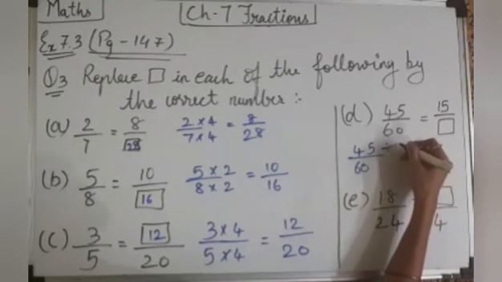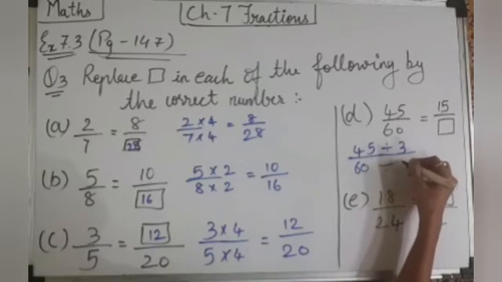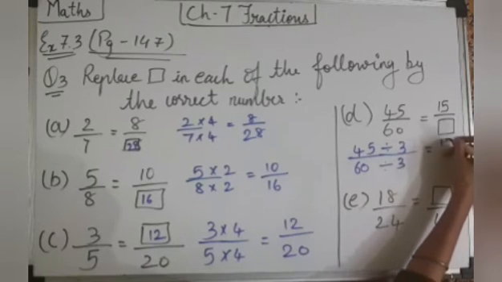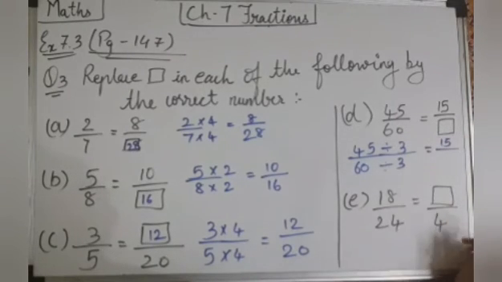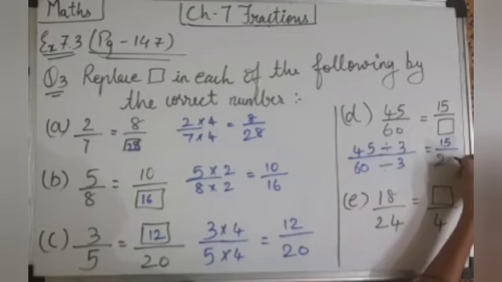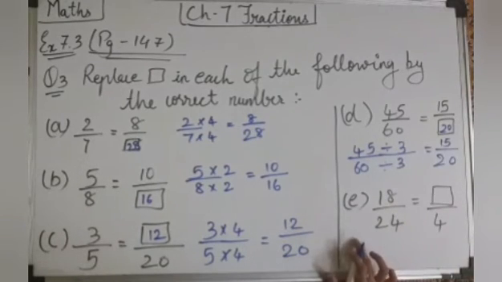We will divide by 3. Here also we will divide by 3. So here we got the answer 15. If we divide 60 by 3, what will we get? 20. Yes. E, this sum you have to do by yourself.